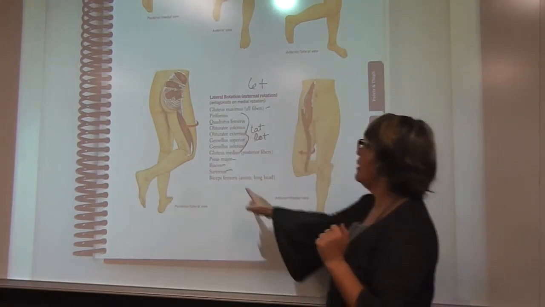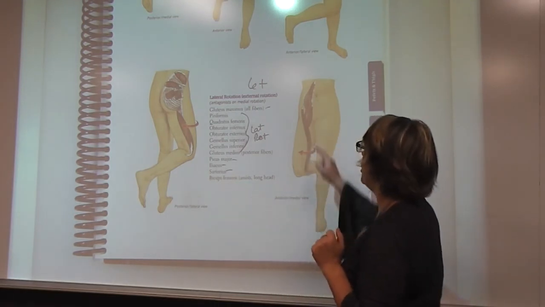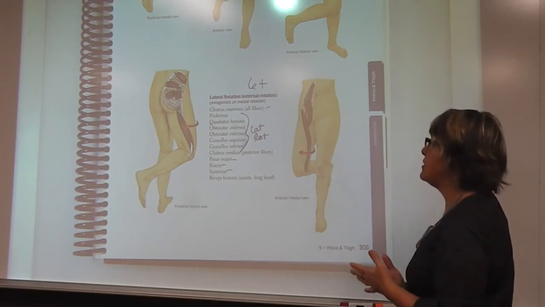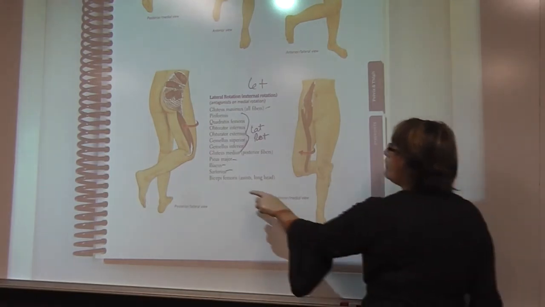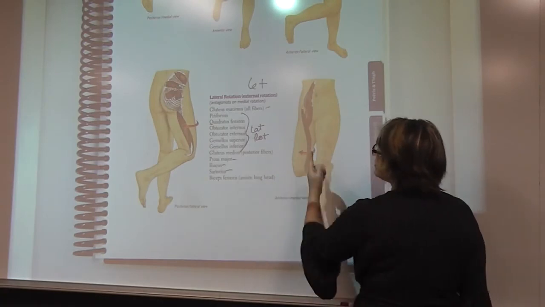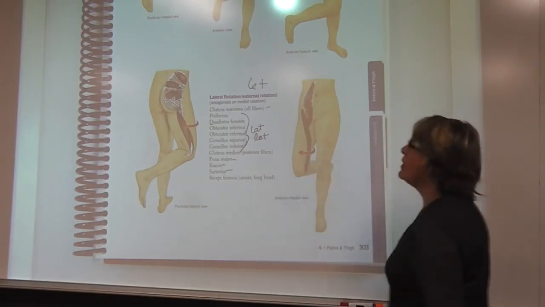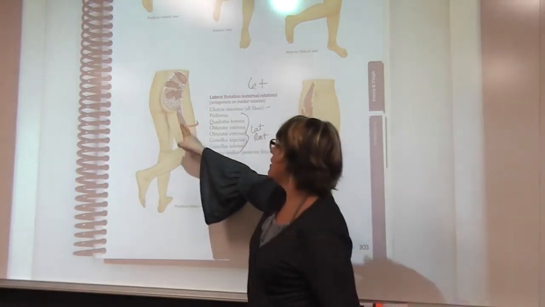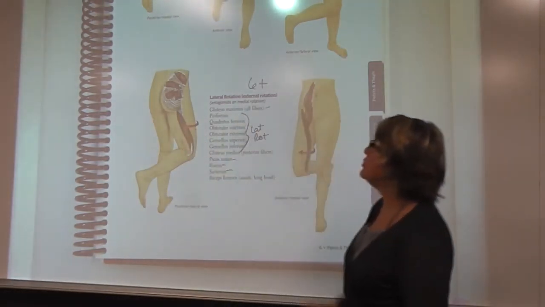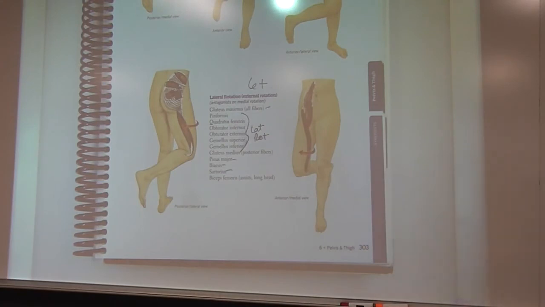We also have sartorius, so the long S, because that's part of that tailor or figure 4 position. And then we have one more on the bottom here. Biceps femoris is an assister, and it's just one of the heads. Biceps femoris is on the lateral aspect of our posterior femur, so of course it's going to do that lateral rotation.